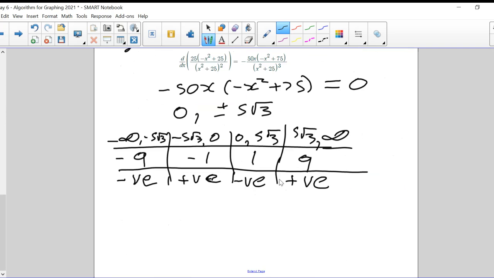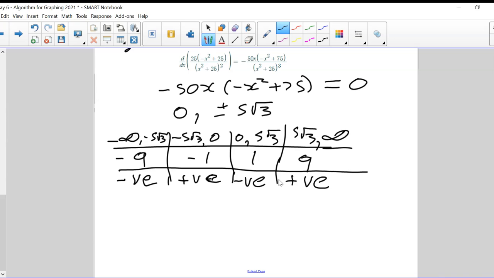Now let's get to what else this is telling us. Apart from the intervals of concavity, does anybody know what else this table from the second derivative can tell us? We know where it's negative, we know where it's positive, which tells us POIs. Thank you, Sarah. POIs, Ashley, absolutely.